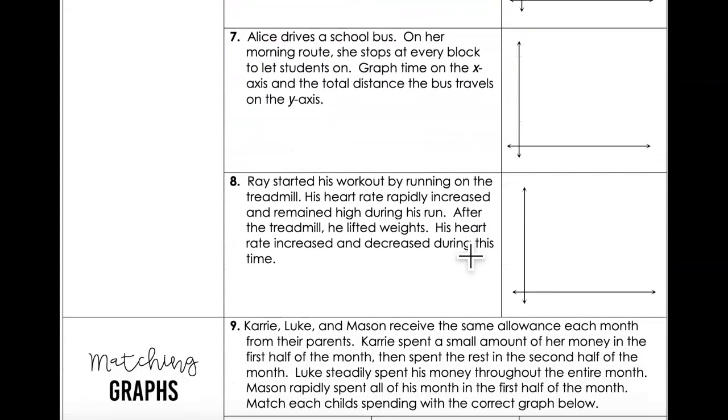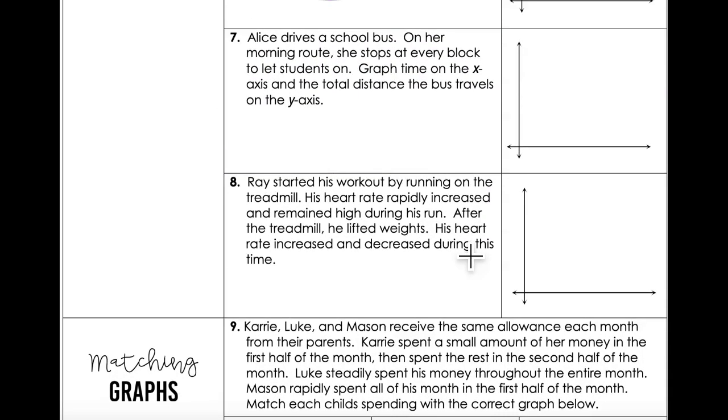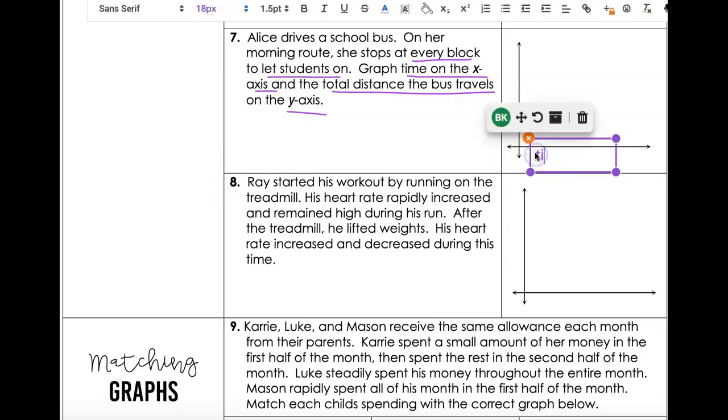All right, moving on to number 7. Alice drives a school bus. On her morning route, she stops every block to let students on. We're going to graph time on the X and then the total distance on Y. So time and our distance.